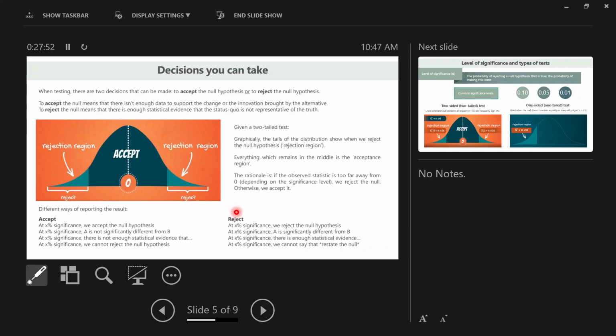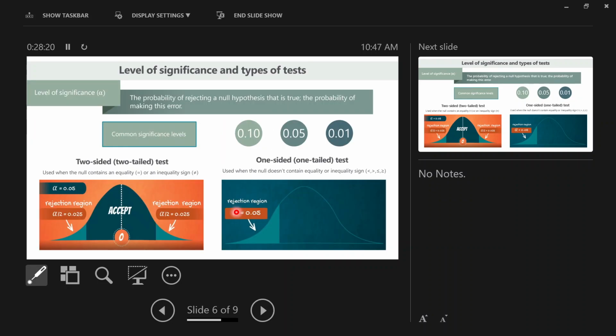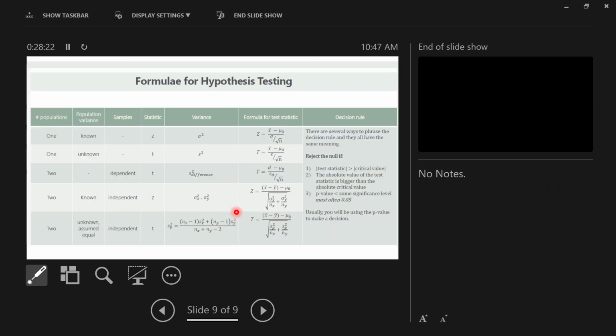So the rationale is that if the observed statistic is too far away from 0, depending on the significance level, we reject the null hypothesis. Like this is the observed statistic.